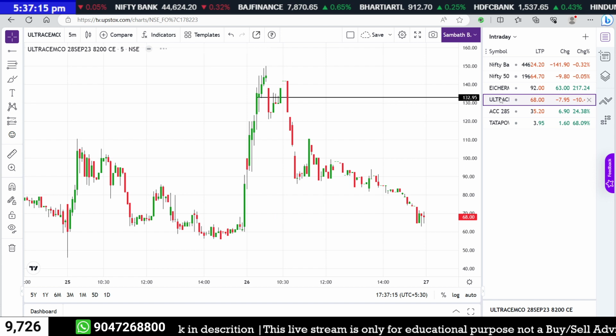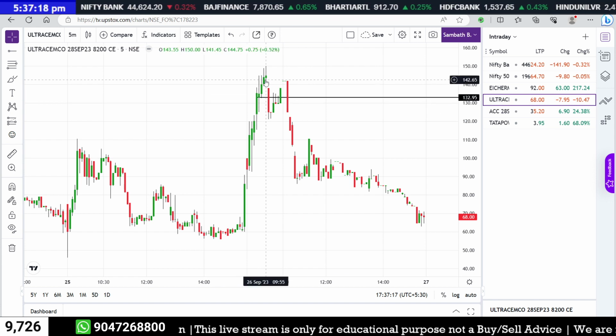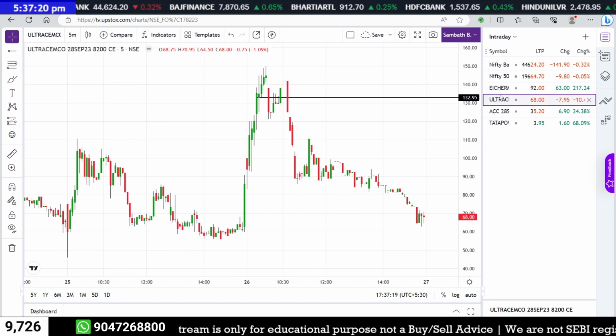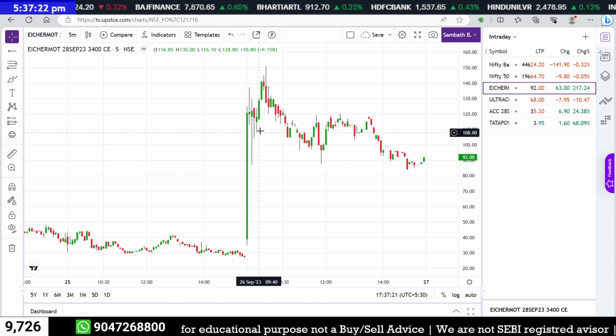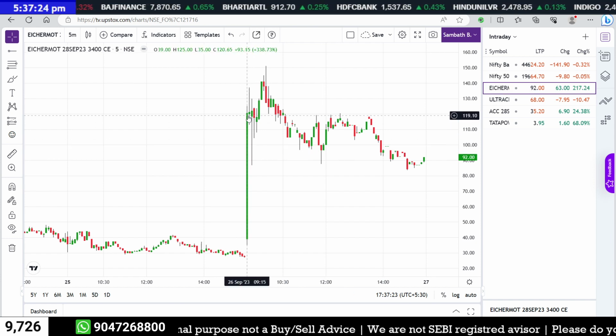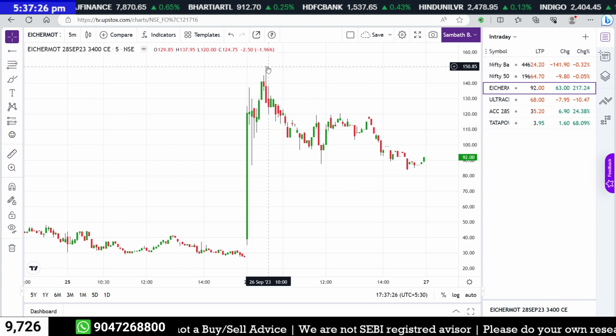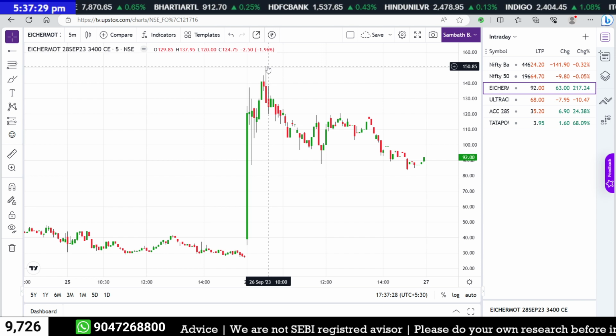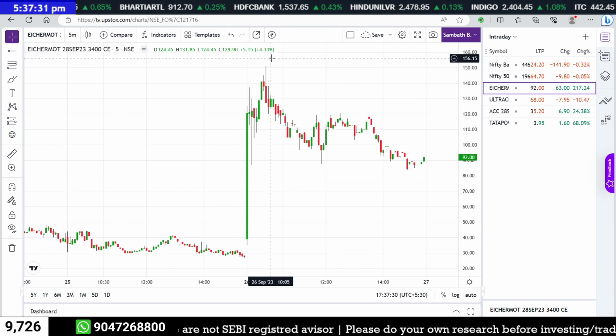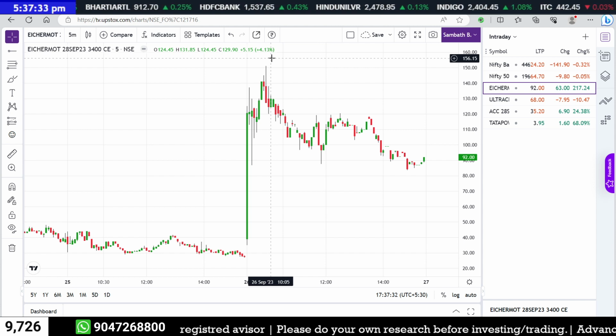Ultratech Cement, which we looked at around 130, went up to 150. And iShare Motor, which we looked at in the first 5 minutes candle around 120, went up to 150. So these are all the scalping opportunities we found in our positional strategy.